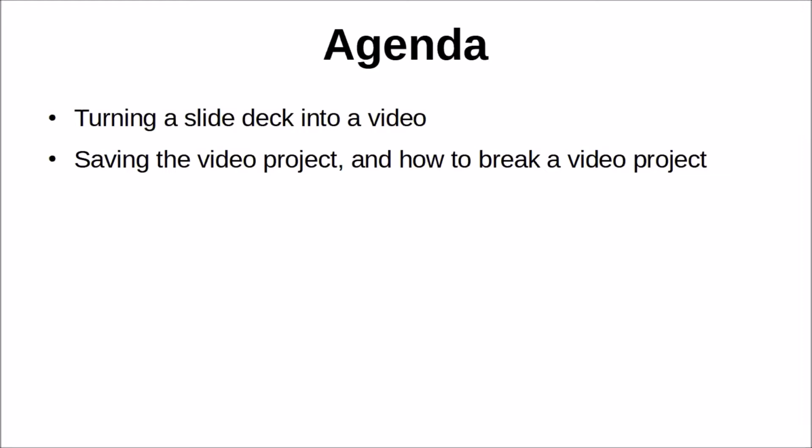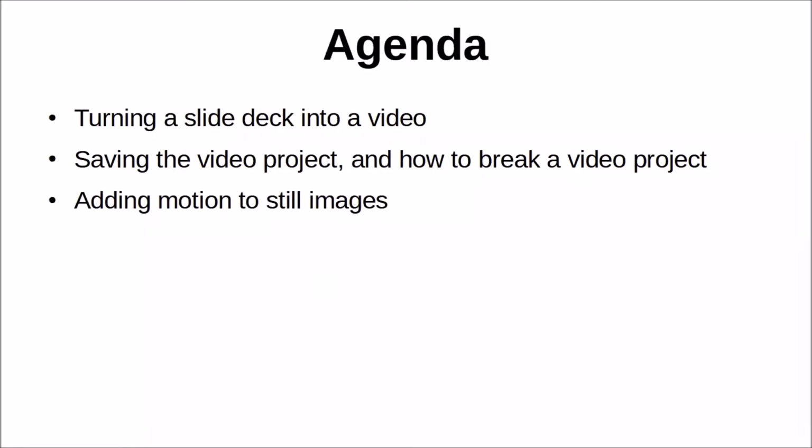And a project is a simple file that points to each of the pieces that you have included. And because of that, we're going to talk about how to break a video project. You don't want to break a video project, but there is a rather easy way to accomplish that unfortunate result. And I want to show you how to avoid it. So that's why we're going to talk about how things get broken.